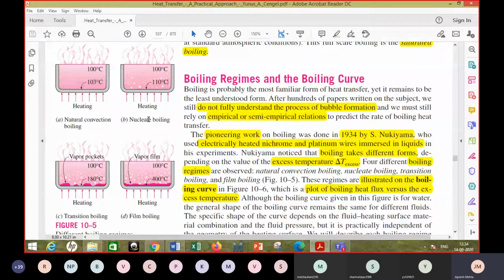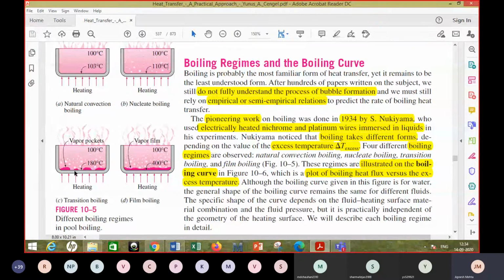Now, if you have a very high excess temperature, here it is shown to be 180 minus 100, so 80 degrees Celsius excess temperature, then what is shown is what is called transition boiling. What you see in this type of boiling is that the bubbles grow to a big size.